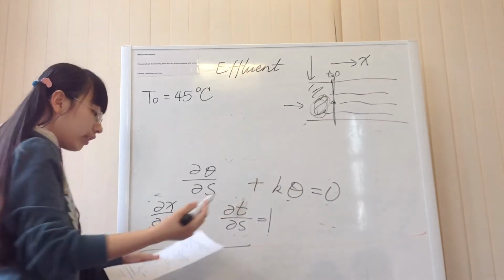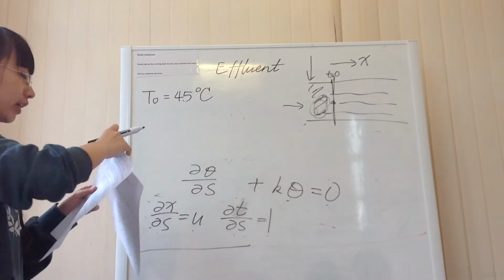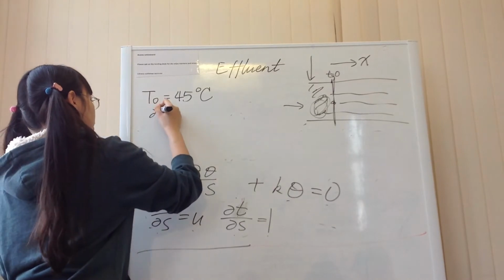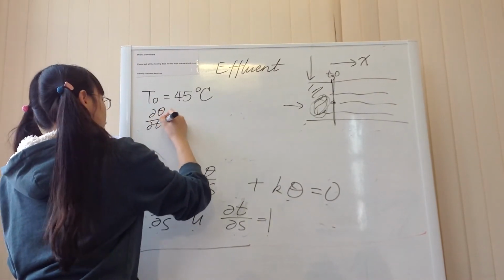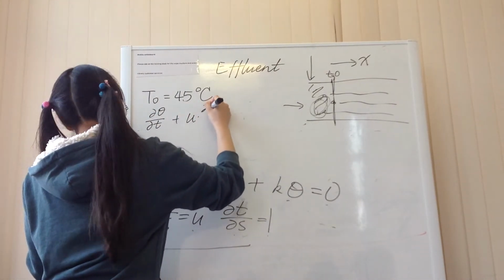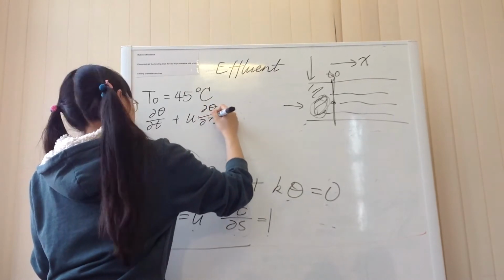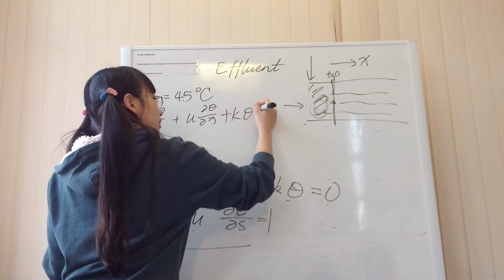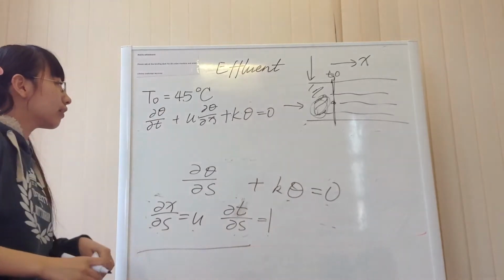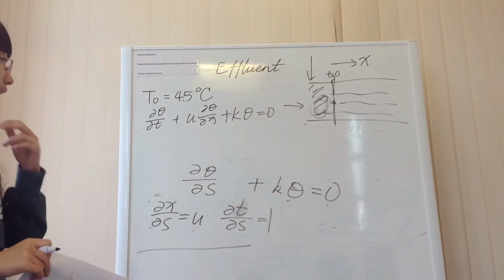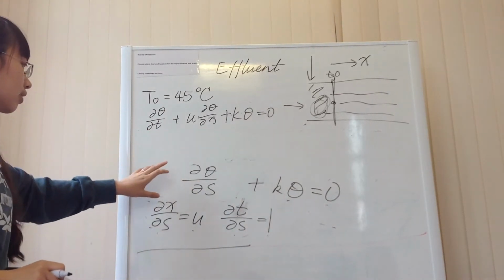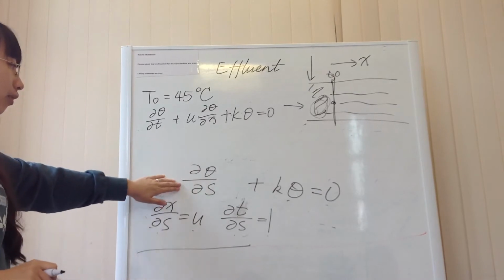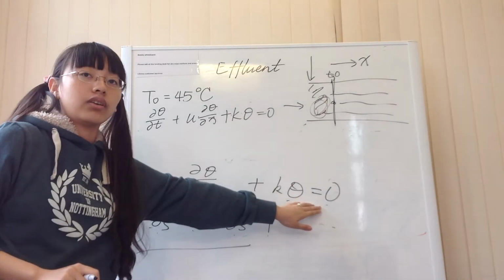Okay. Initially, when we finished part 1, we got the equation as partial theta over partial t plus u times partial theta over partial x plus k theta. This is what we got from question 1, and then we define the function s to make partial theta over partial s plus k theta equal to 0.